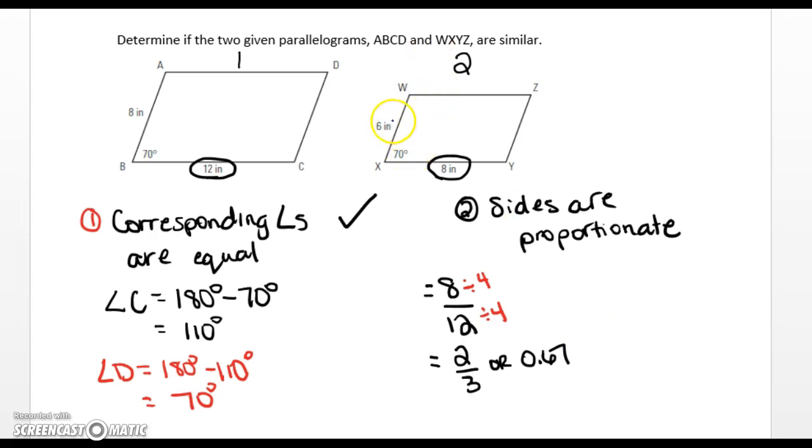Then I can look at the left side here, so WX, and side AB, so the left side of both those parallelograms. So those ones there would be 6 over 8. You can reduce this here by a factor of 2. And you would get 3 over 4, or a decimal of 0.75.